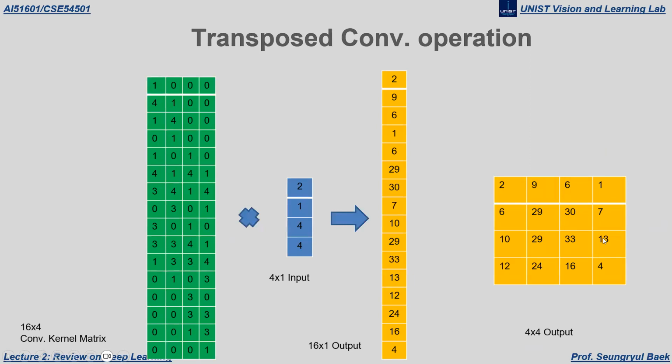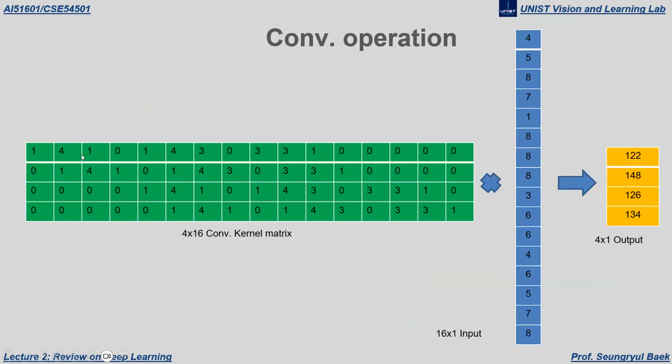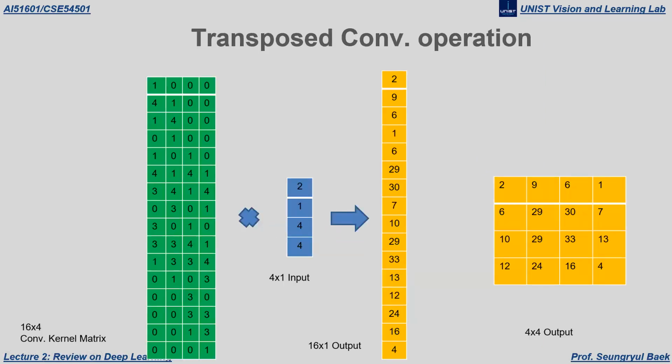But in transposed convolution operation, the convolutional kernel matrices are transposed. Previously, the convolutional kernel matrices were like this, but if we transpose this kernel matrix and multiply with the input image, then the output becomes enlarged compared to the input image.